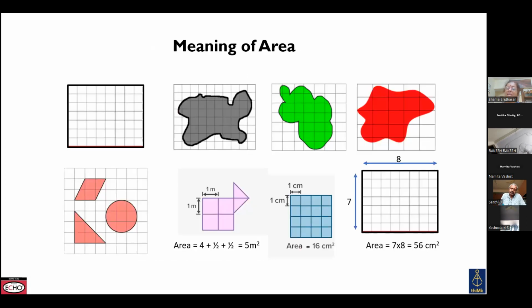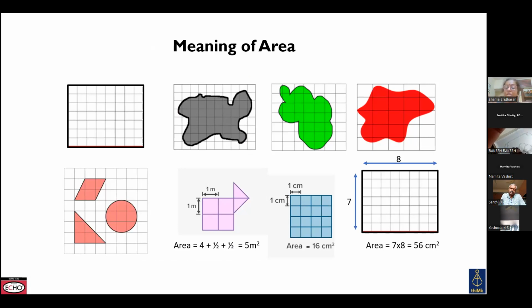When we look at the area and perimeter, right, it's best to start off with a square paper. So to understand the meaning of area, the child can count the number of squares in any shape, and that's the area. The number of unit squares they can count, and that's the area.